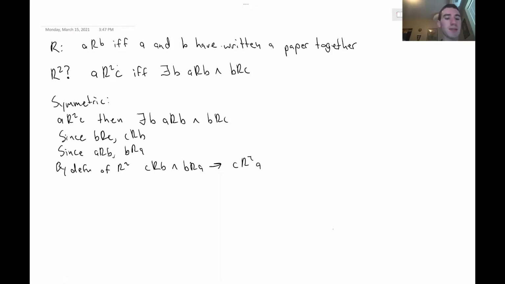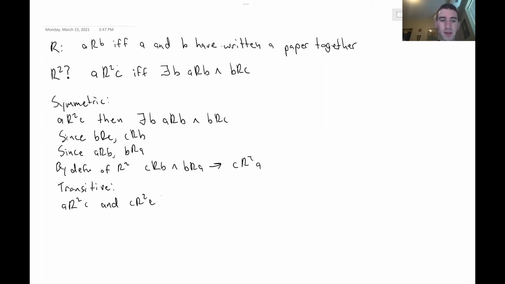Finally, let's take a look at transitive. So this one, we're looking to see, if A relates to C using R squared, and C relates to E, does that mean that A relates to E?